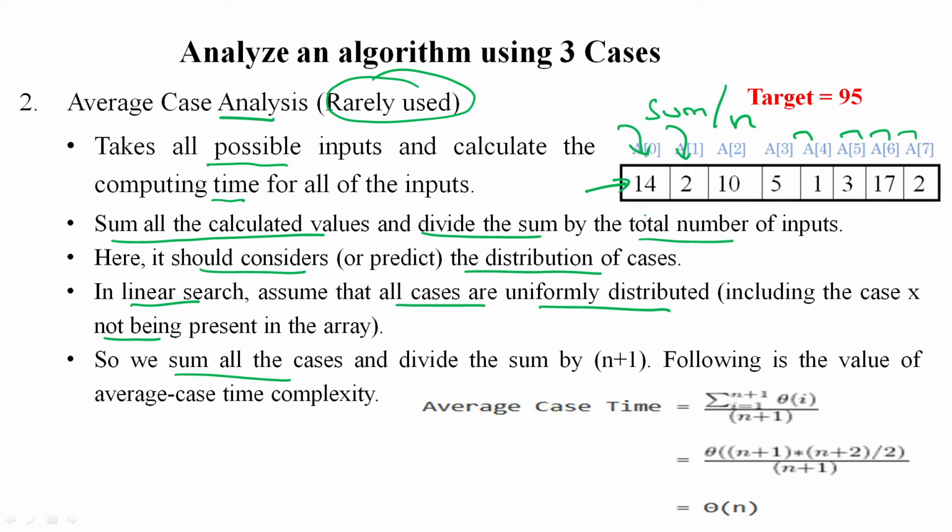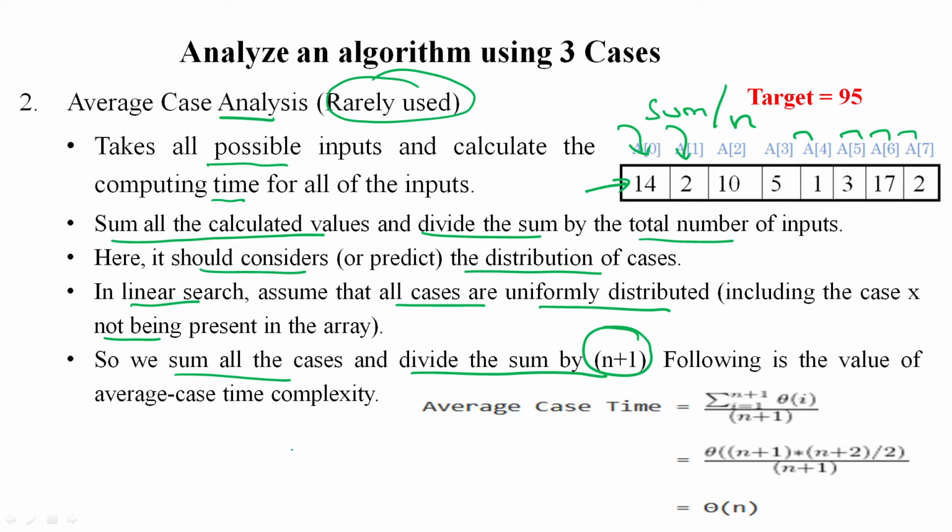It consumes some time. Then the second index, third index, like that we calculate for all the n numbers, then divide that sum by n plus 1. We are calculating the average.